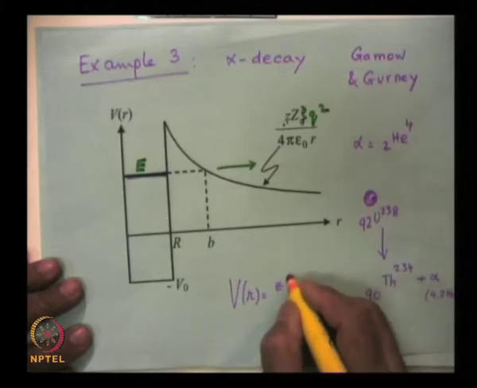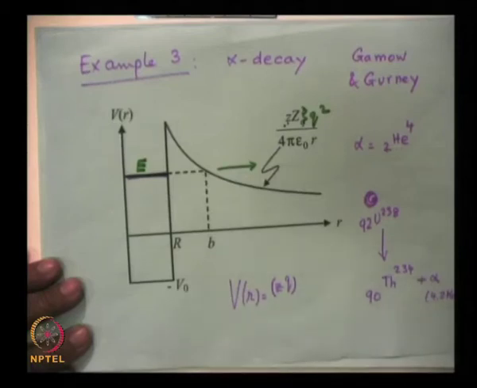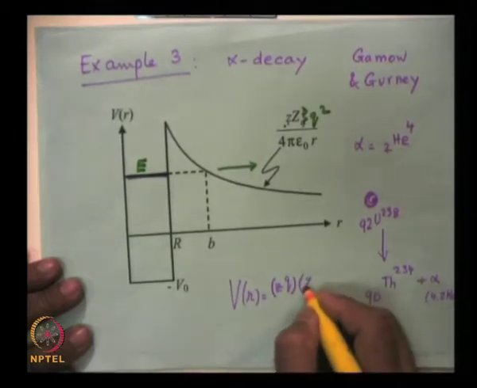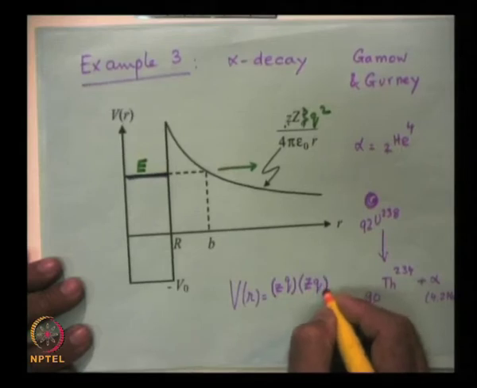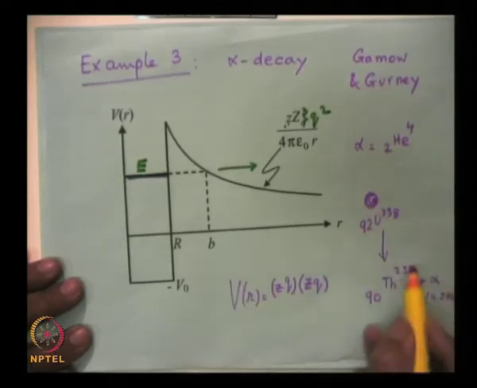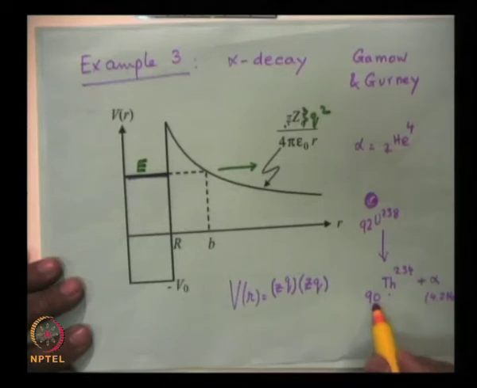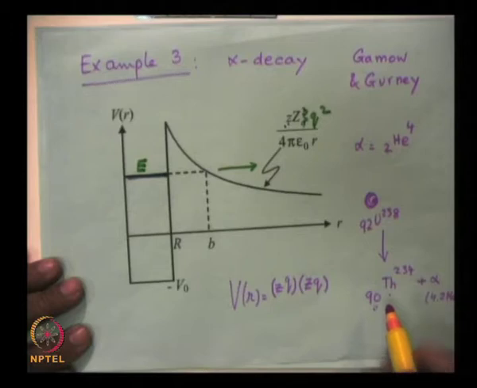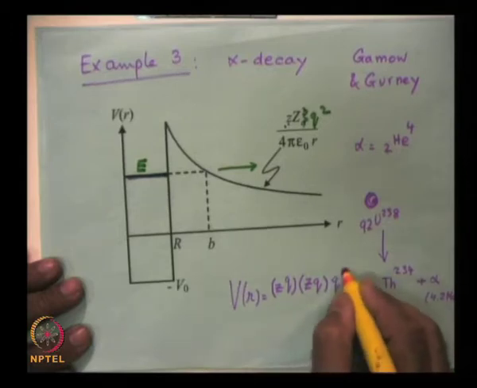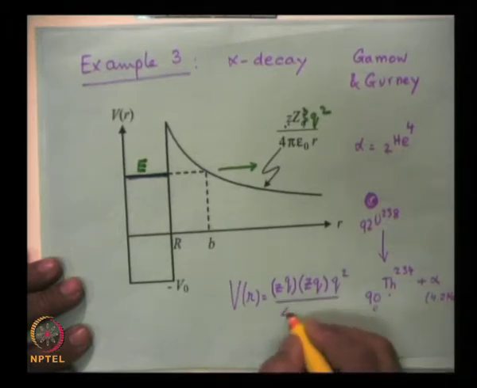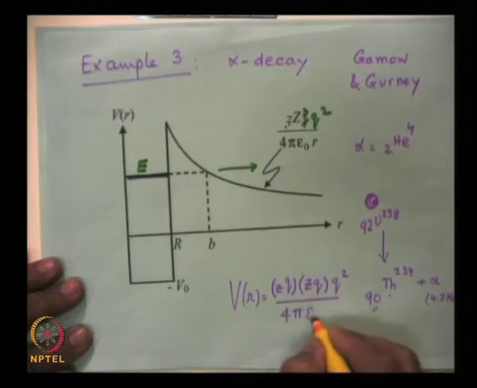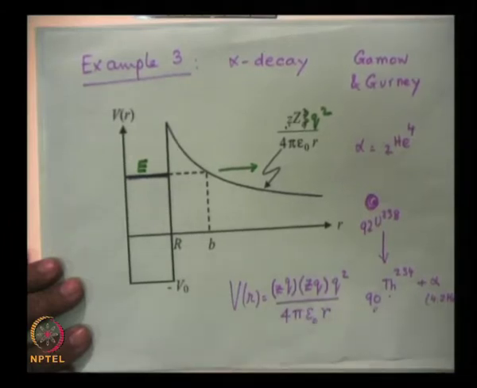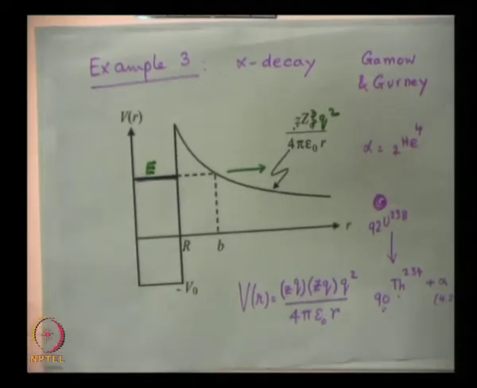So, zq is the charge of the alpha particle, and let capital Z q be the charge of the daughter nucleus. In this case capital Z is 90, not 92, multiplied by q square by 4 pi epsilon. I am working in the MKS system of units. So, this is the repulsive potential energy function that it sees.